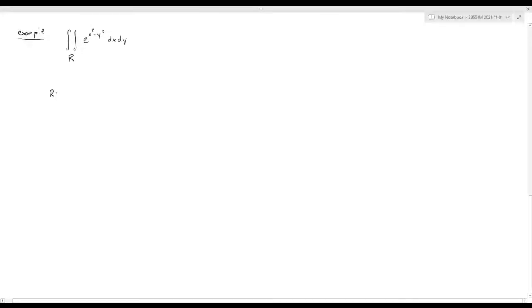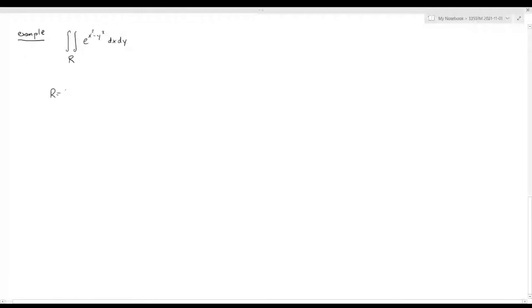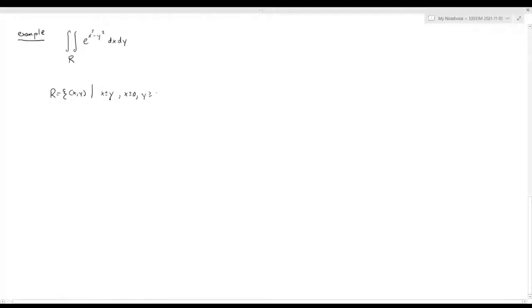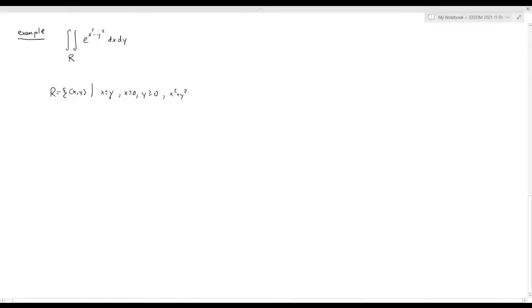R is the set of all points where x is less than or equal to y, x is positive, y is non-negative, and x squared plus y squared is equal to 1.